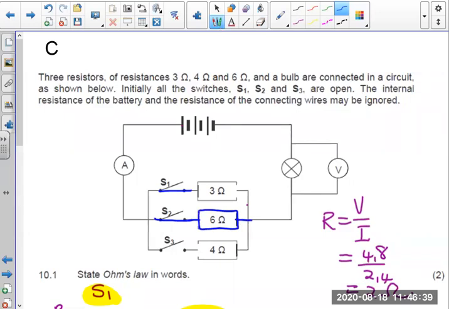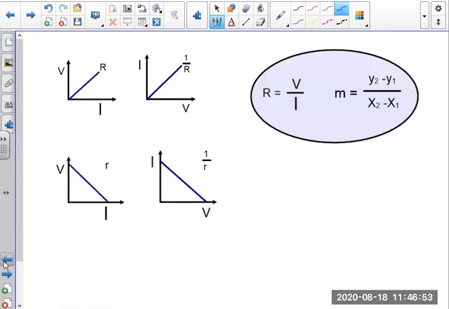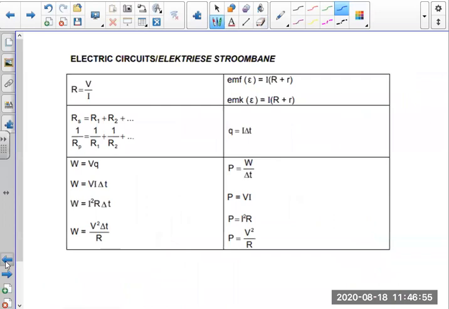Now, if we look at power, there are a few equations that we can use. We can use power equals V squared over R. Let's go back to the information sheet that I put in here. Any one of these will be fine to work out power: V squared over R, V times I, or I squared times R. It depends on what we have.